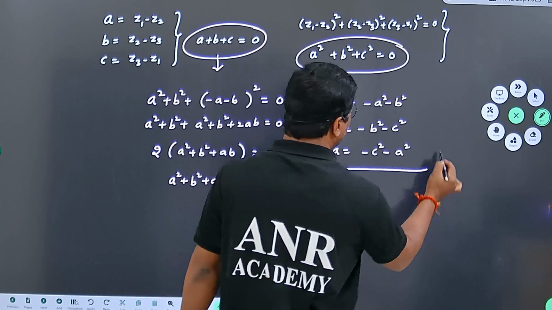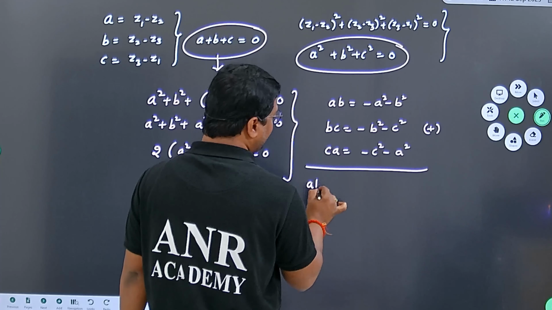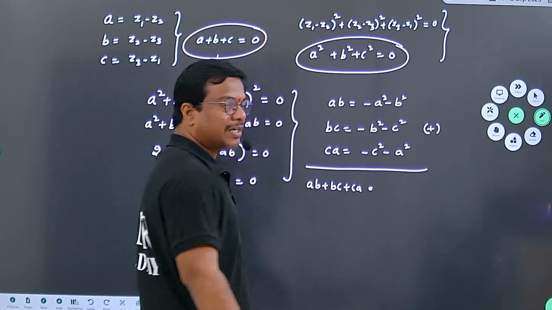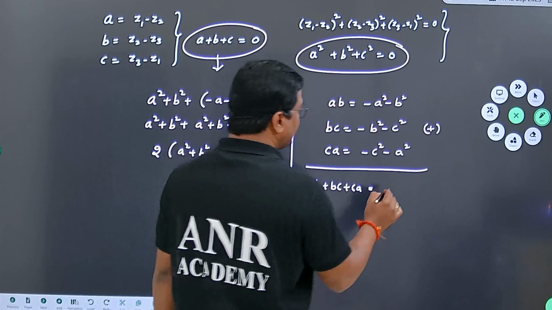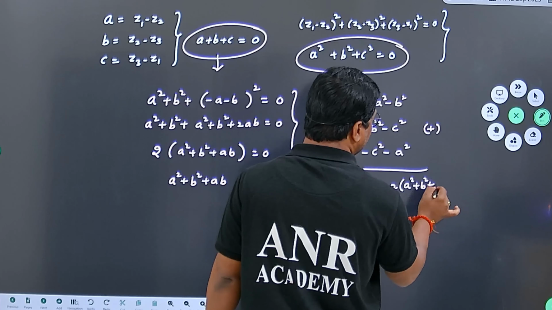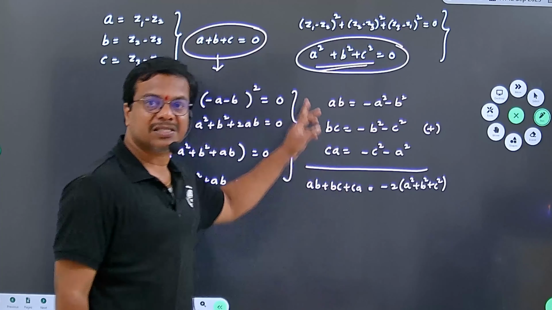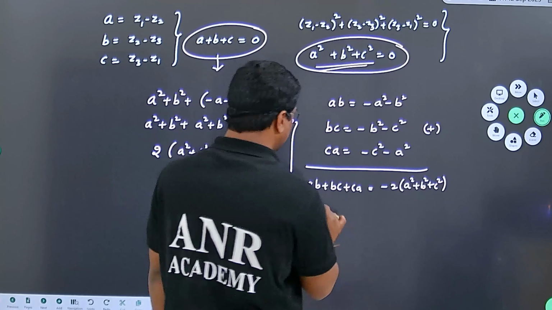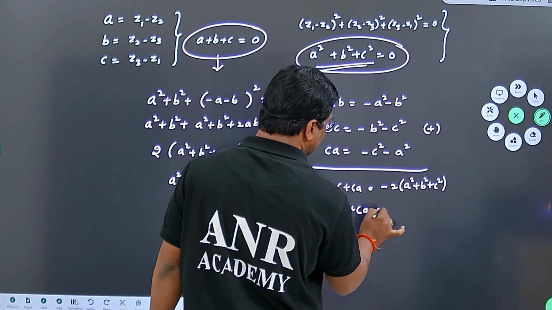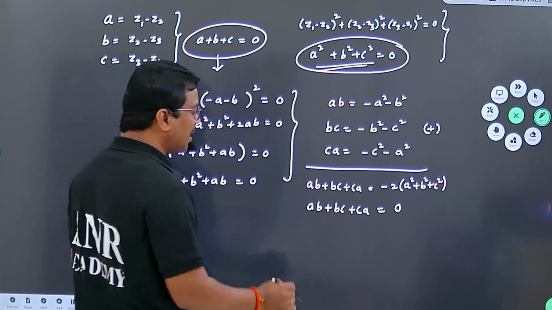Now adding all these, we get ab plus bc plus ca equal to minus 2 times a square plus b square plus c square. But a square plus b square plus c square is 0, and hence ab plus bc plus ca becomes 0. Dividing each and every term by abc.